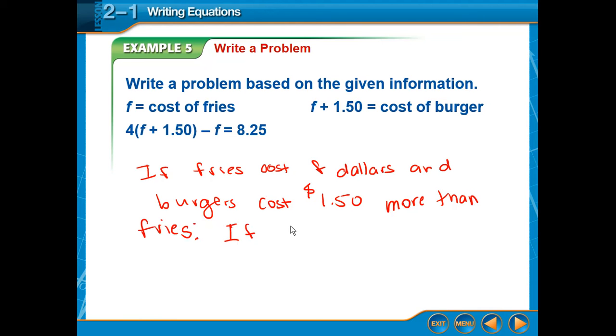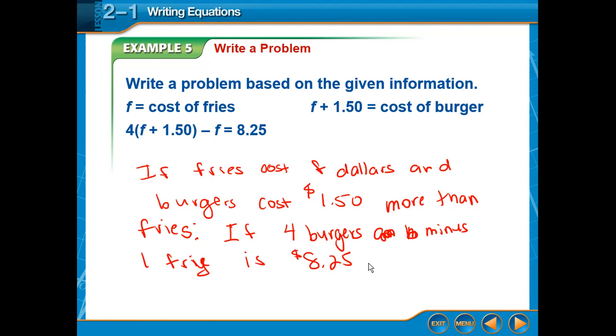If 4 burgers minus 1 fry is $8.25, then what is the cost of fries?